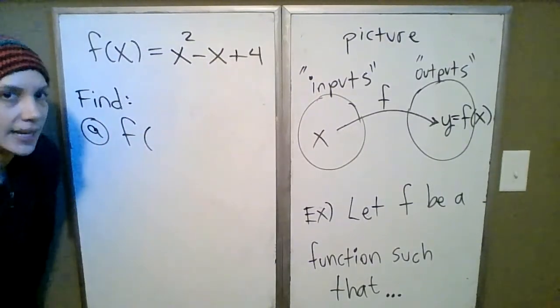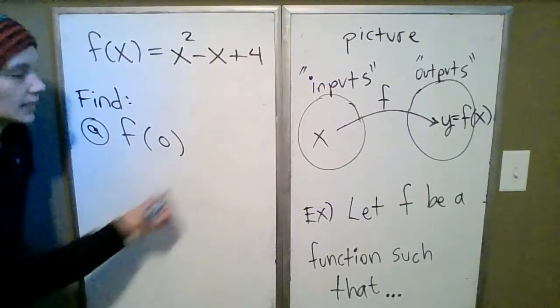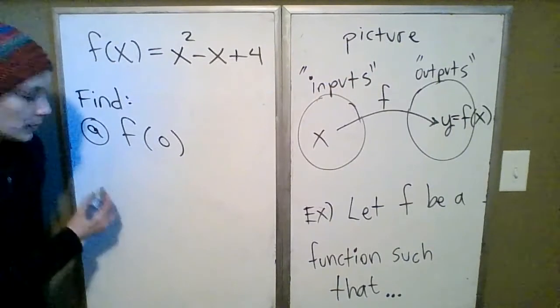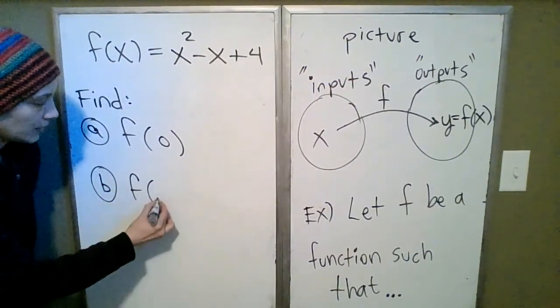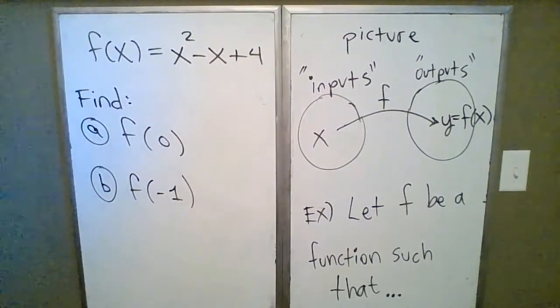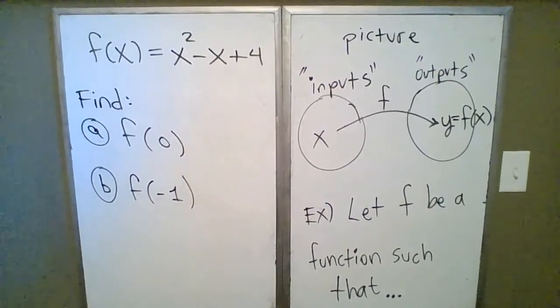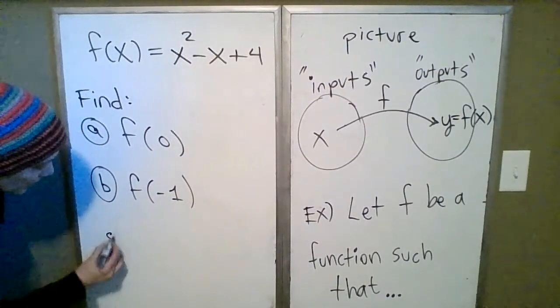Okay, we're going to find f of 0. And part E, we'll get f of negative 1. And let's do part C for this one.